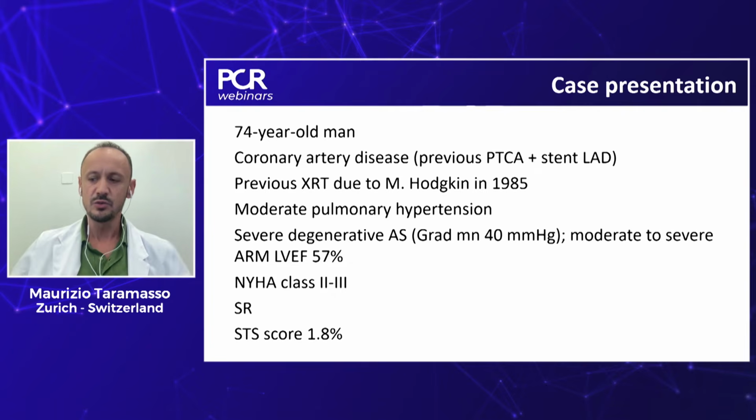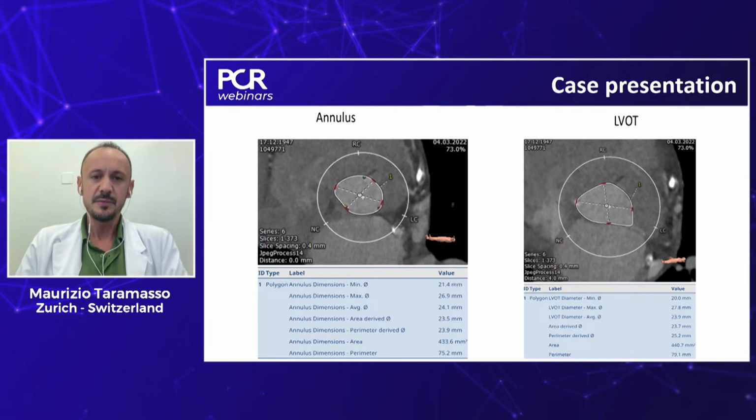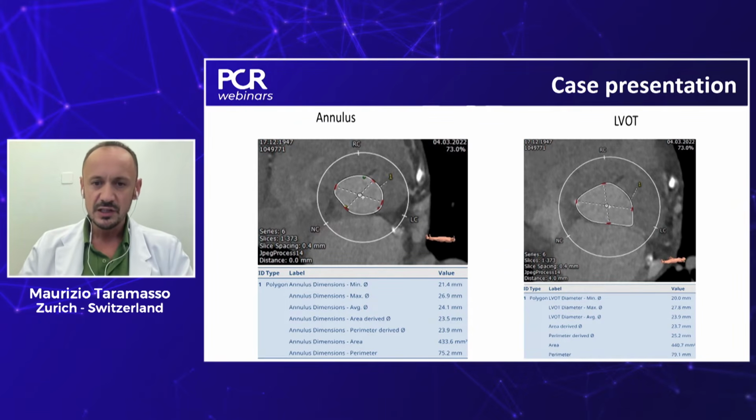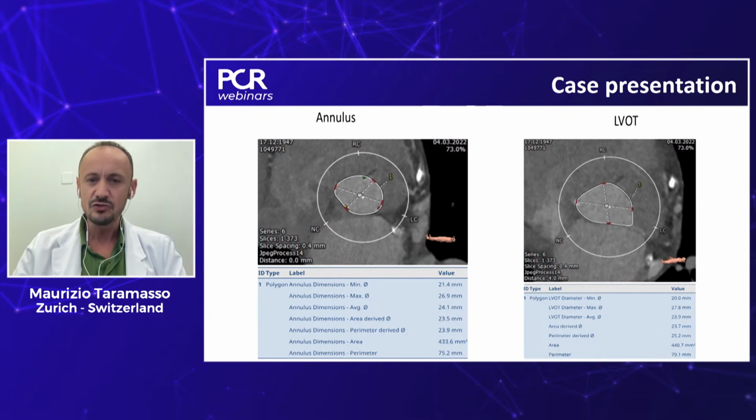Just quickly going through the CT planning of the patient, here you see the annulus. It is a rather elliptic annulus with a perimeter of 75, not really calcific. The LVOT is also quite elliptic, larger than the annulus, but nothing really challenging from an anatomical standpoint.